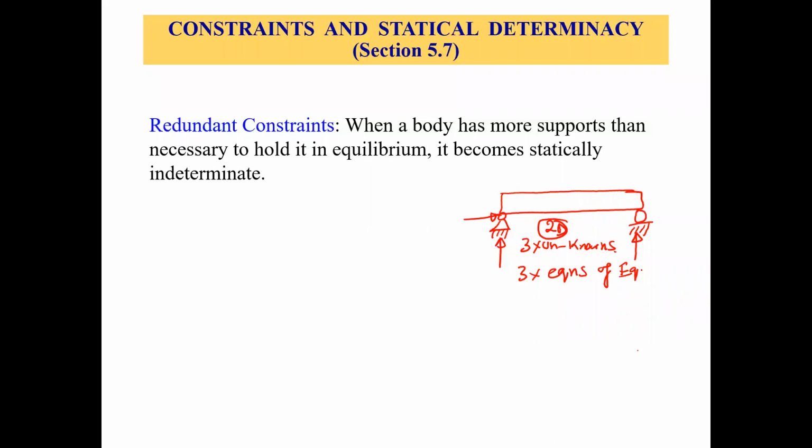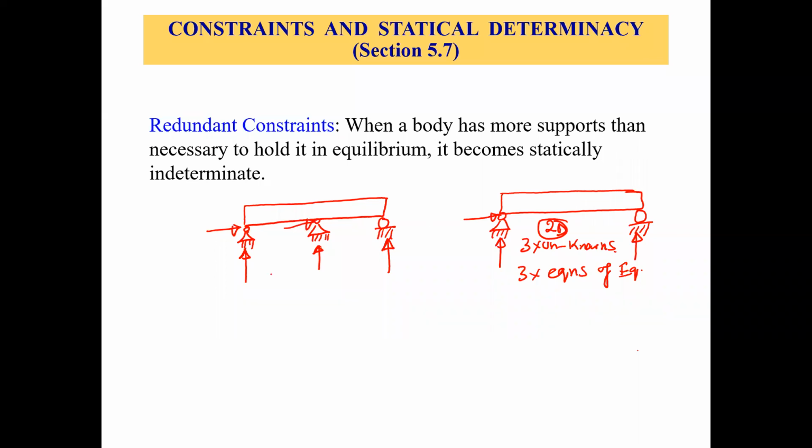We can solve this. But at the same time, let's say we have the same beam, with this pin support, this roller support, and let's say one more pin support here. Now how many reactions? 1, 2, 3, 4, and 5.